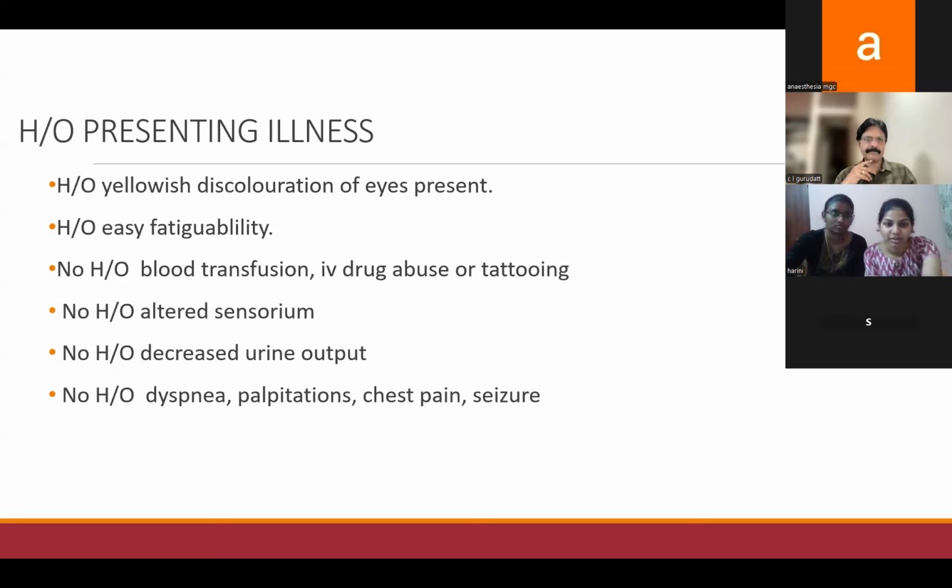Next slide. History of yellowish discoloration of the eyes present, history of easy fatigability present, no history of blood transfusion, no history of IV drug abuse or tattooing, no history of altered sensorium, no history of decreased urine output, no history of dyspnea, palpitations, chest pain, or seizures.